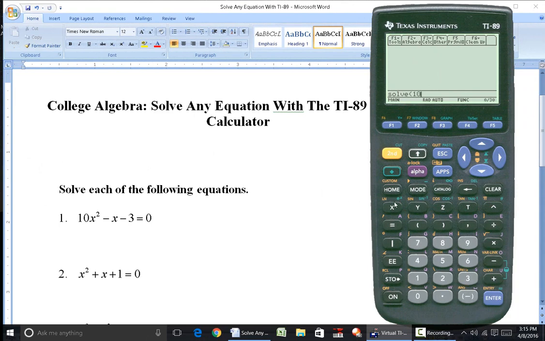So 10x squared minus x minus 3 equals 0, oops, let me correct this, and then a comma, and then you have to indicate the variable that you're using.